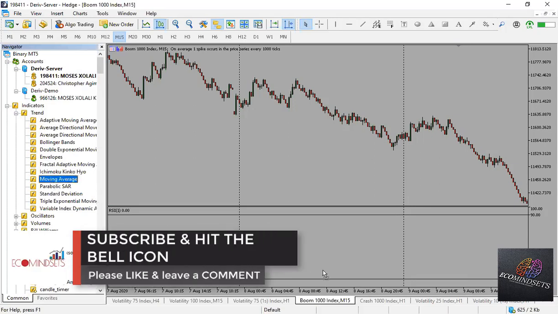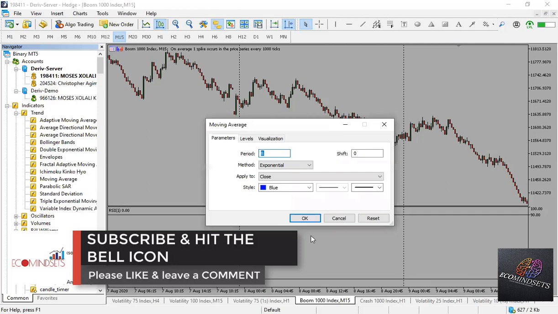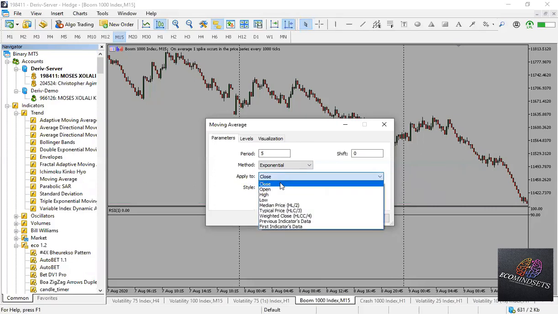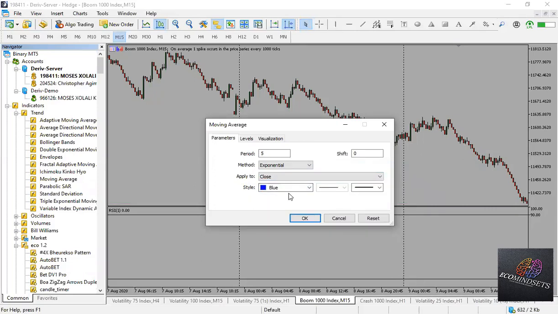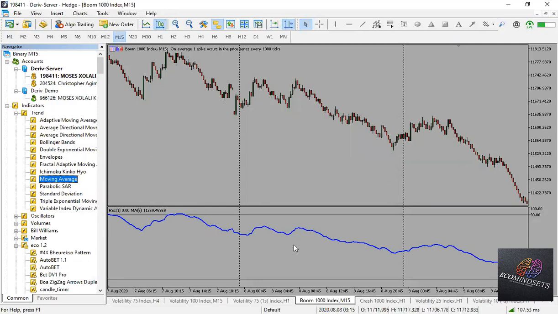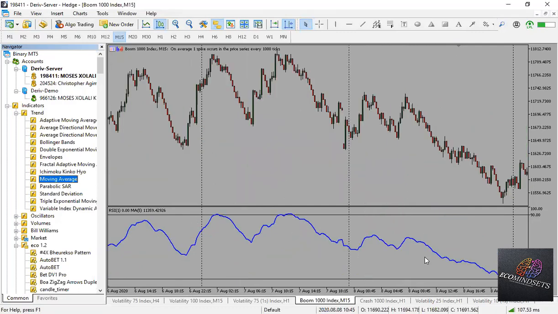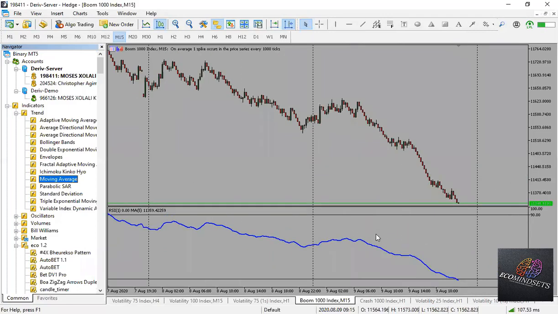Click and drag it into the RSI window and select period 5, method exponential, apply to Close. Then you can choose any color of your choice and click OK. As you can see, this moving average moves from 90 to 10 and then back up like that.